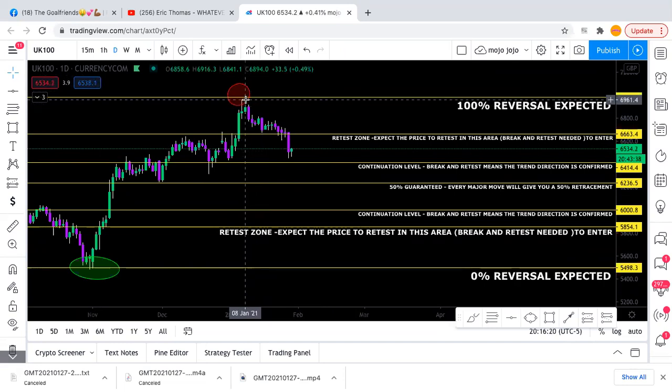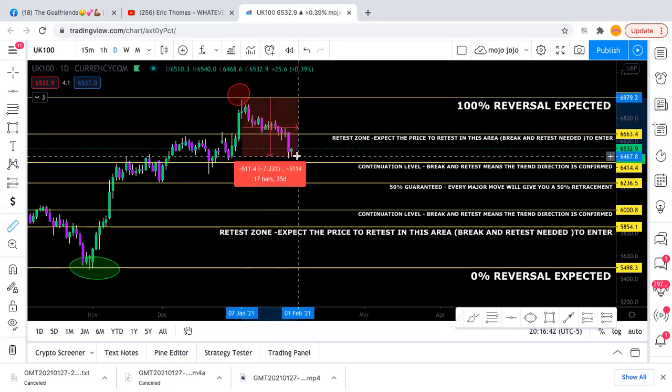Once you entered the sell, this should have been your TP1. This should have been your TP2. TP1 already got hit, and we came a few pips shy of TP2. So if you took this trade from the failure to break above this top level, and you were looking for the reversal as expected, you would have taken this trade off this wick, gone 500 pips in profit, and got out.